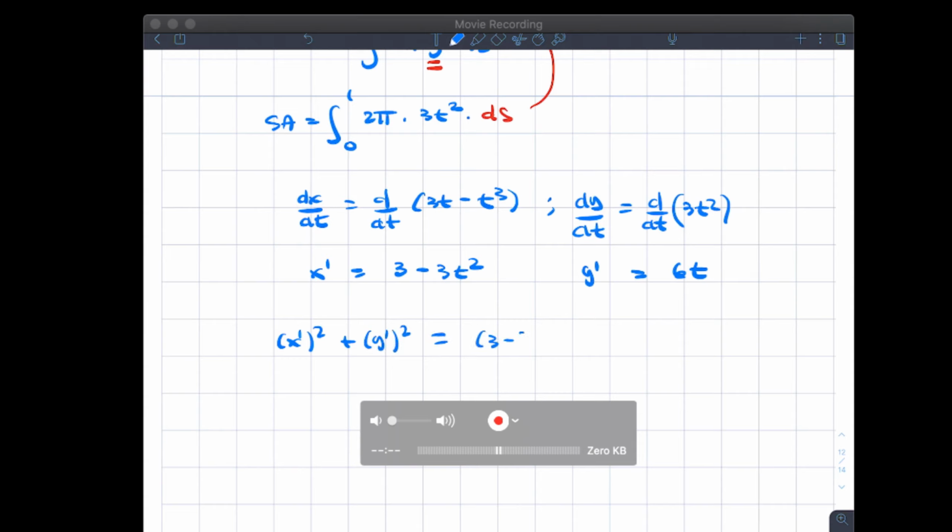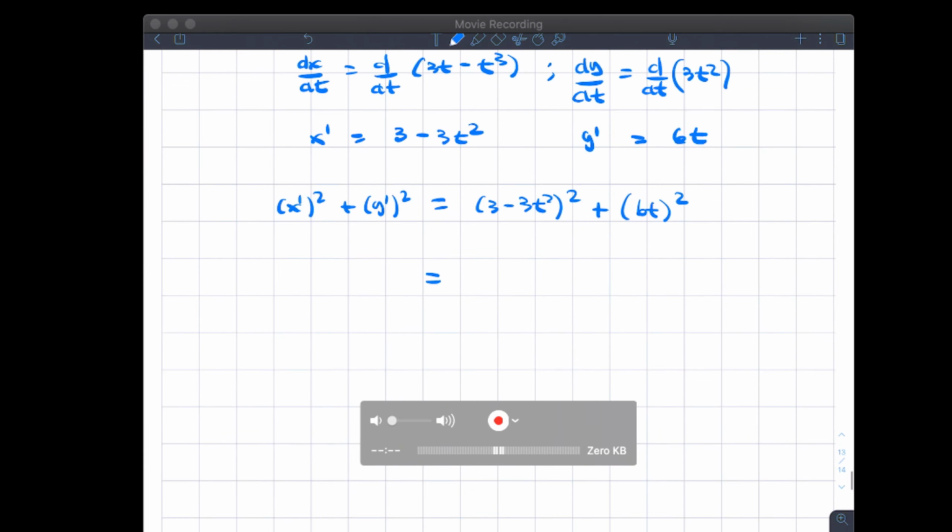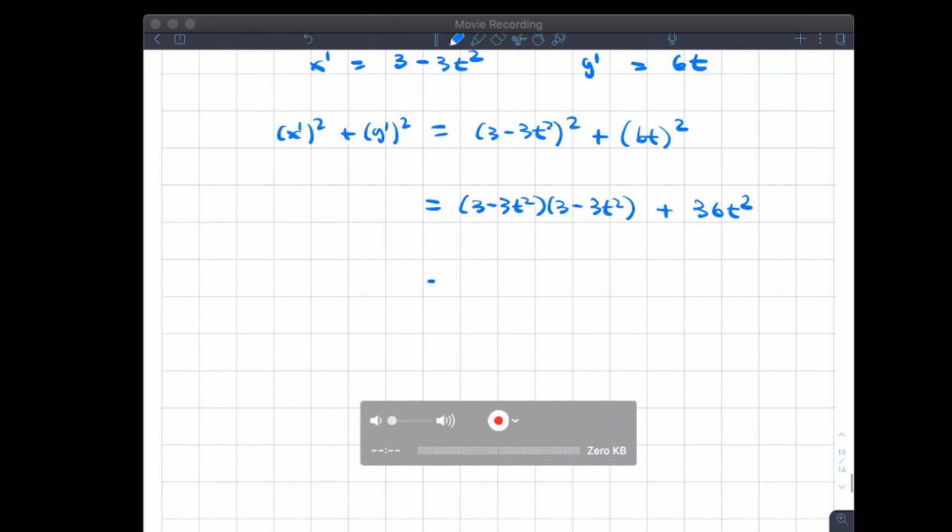We can say 3 minus 3t squared plus 6t squared, which is going to give you 3 minus 3t squared times 3 minus 3t squared plus, I'm going to square this, this is 36t squared. By using some FOIL and algebra here, 9 minus 9t squared minus another 9t squared plus 9t to the 4th plus 36t squared here.